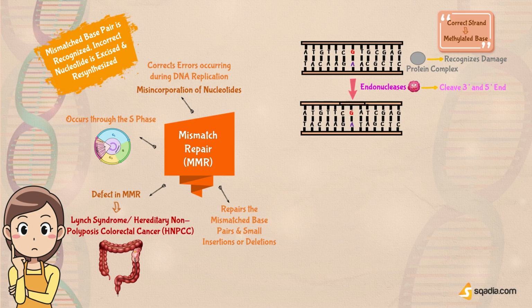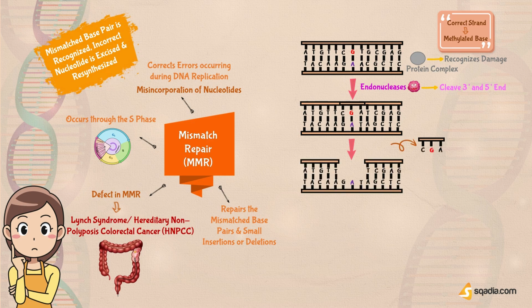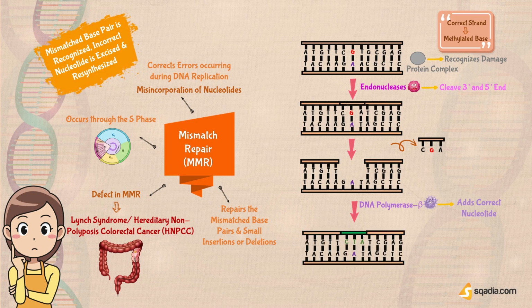Once the template strand is identified, the endonuclease enzyme makes incisions on both sides of the error. This creates a single-stranded DNA gap with a 3' hydroxyl group and a 5' phosphate group. The segment of DNA containing the error is removed by the exonuclease activity of the MMR complex, creating a gap.